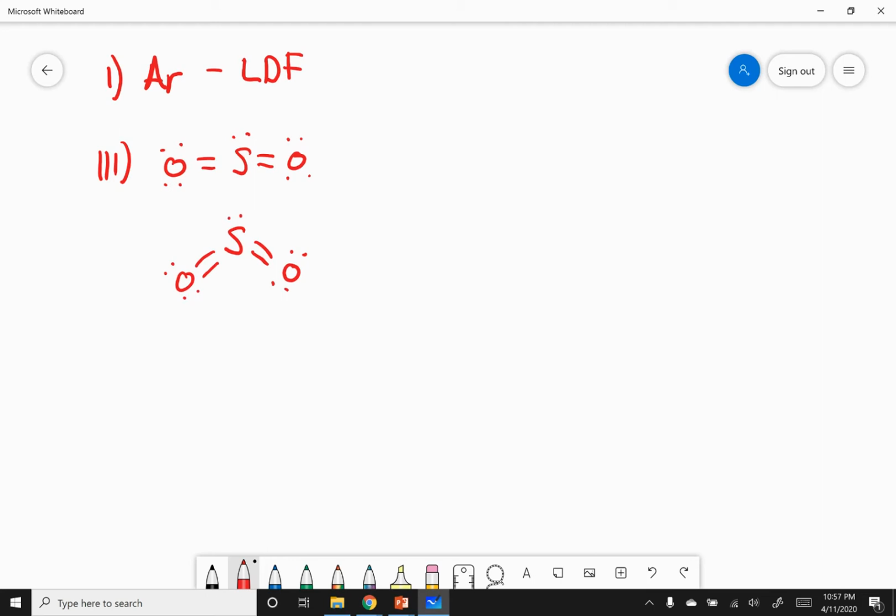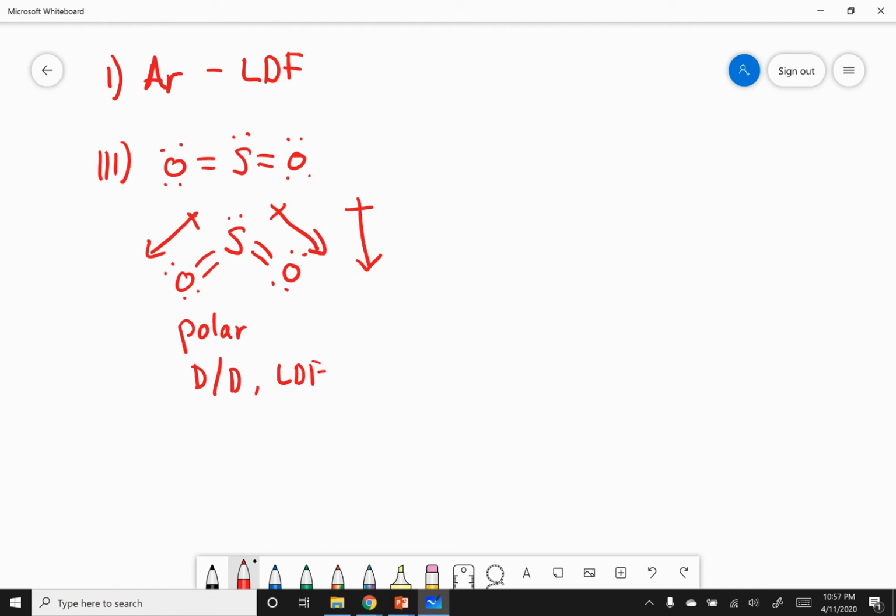What you guys will note is that oxygen is going to be more electronegative than sulfur, and what you guys will see is you have a net dipole in this molecule. So this is a polar molecule. So a polar molecule is going to have dipole-dipole forces, and remember, every molecule has LDF intermolecular forces. So those are the 2 forces in that molecule.